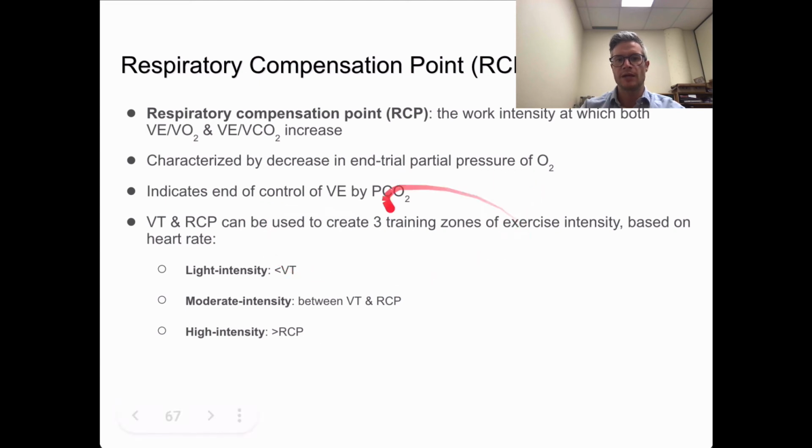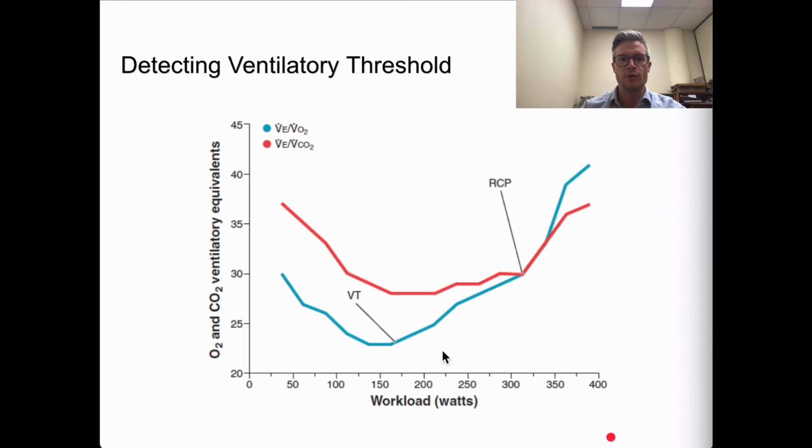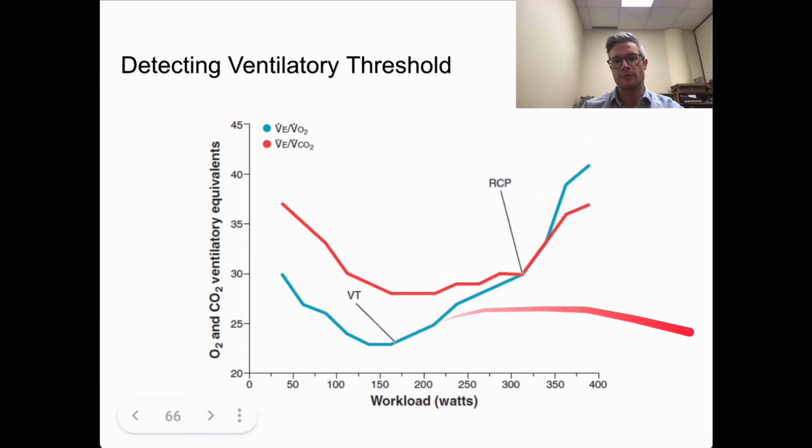We can make 3 training zones from this knowledge as well. Below our ventilatory threshold, we would consider very light exercise. Between here and here, we consider moderate exercise, and then this would be high intensity exercise, not sustainable. I would say largely anaerobic systems working, whereas here we still get a little bit of a combination of the two.